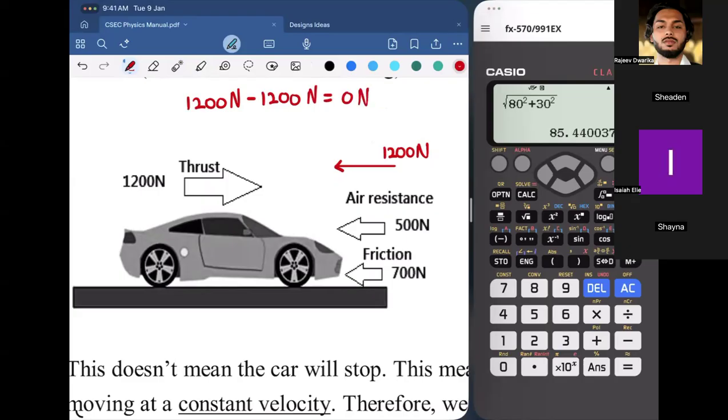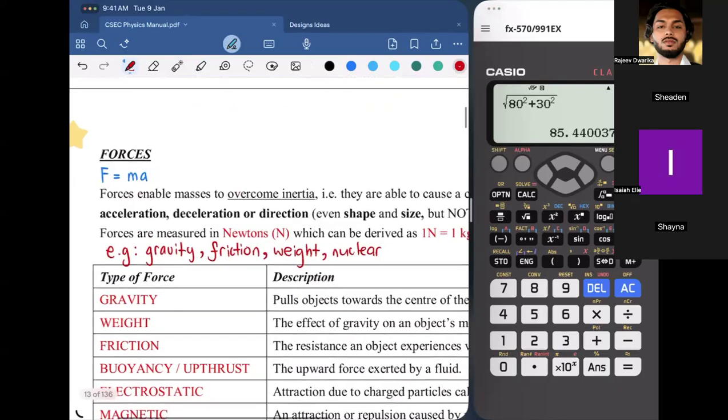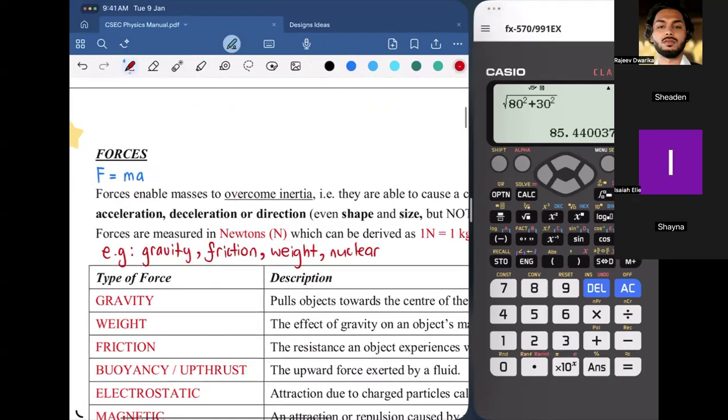0 newtons. And if there's no force, then can the body overcome inertia? No, sir. Do you all know what inertia is? Shayna, you know what inertia is? Do you think from Newton's law?